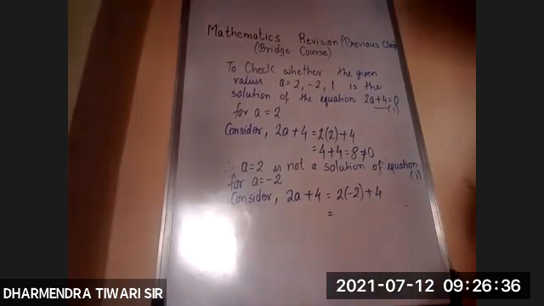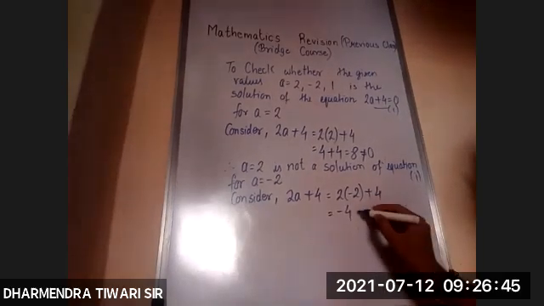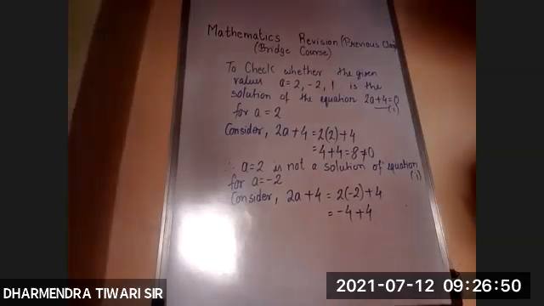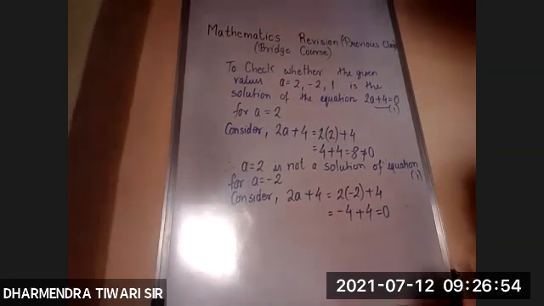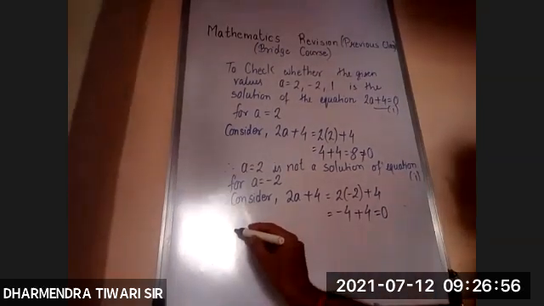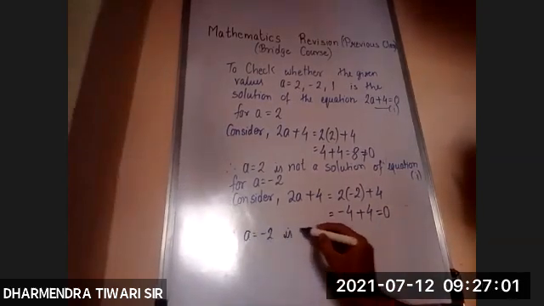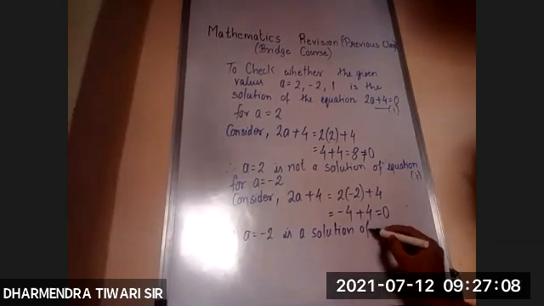So 2 into minus 2 is minus 4 plus 4. What we can see is that minus 4 plus 4 is 0, which is equal to right hand side. So we can say that therefore a equal to minus 2 is a solution of equation 1.